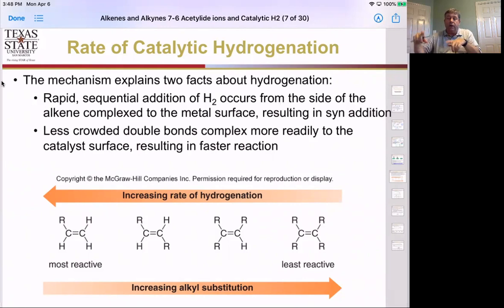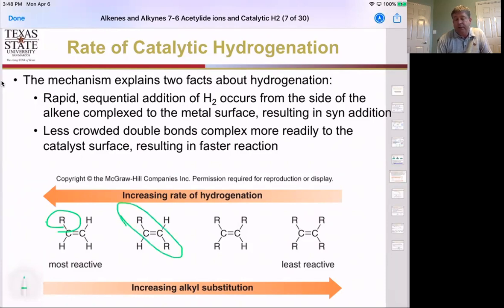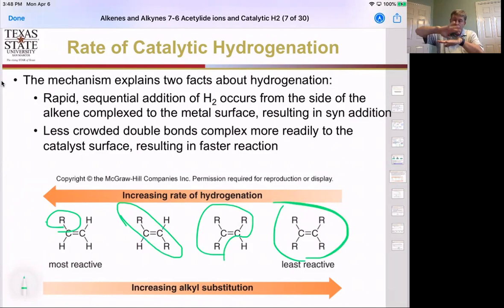And then as you get to tri- and tetra-substituted, those are even more and more hindered, okay? So if you look here on this species, the primary or single substituted is first, the double substituted, preferably trans, is next, the tri-substituted is next, and then the tetra-substituted is next. It's all about getting all four of those R groups to come and sit flat on there.